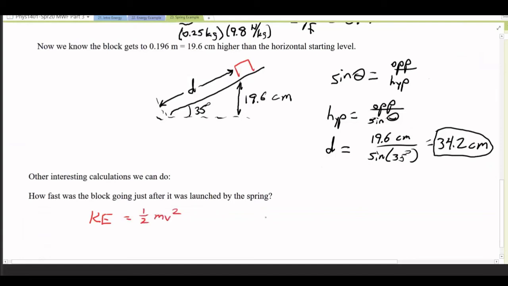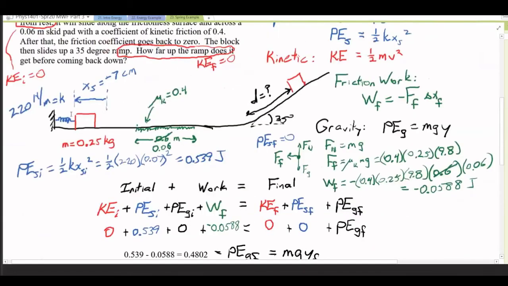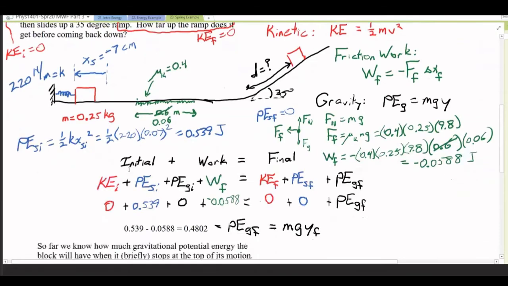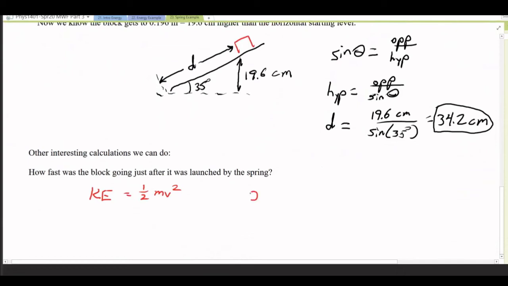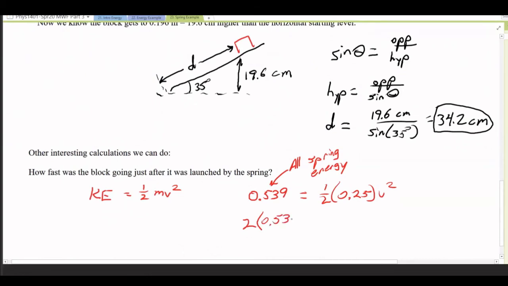And we'll put in the kinetic energy: all of the spring's energy goes into the block. So that would be the 0.539 joules. So 0.539 equals 1/2 times 0.25 times v squared, and then we get 2 times 0.539 over 0.25 is equal to v squared.